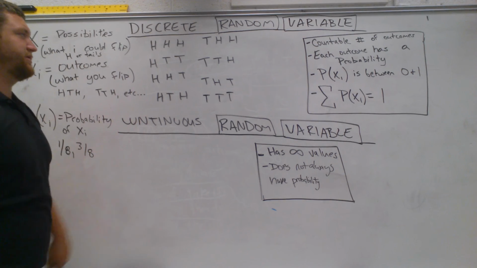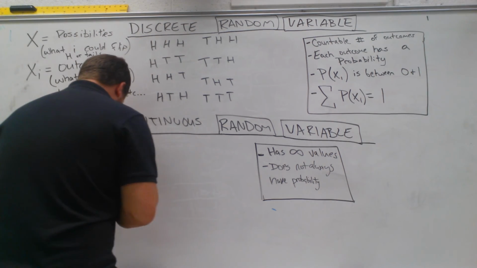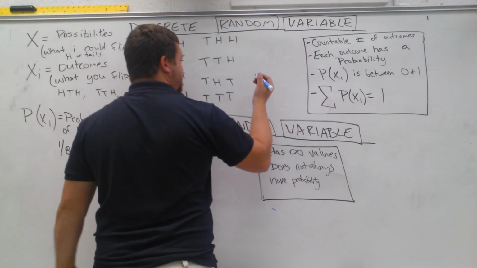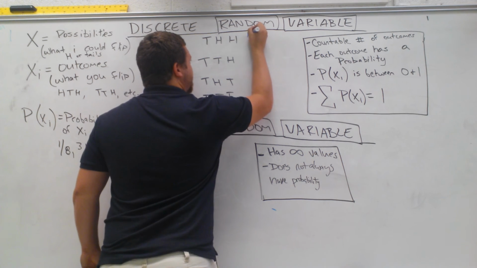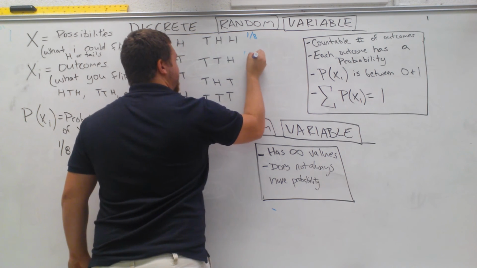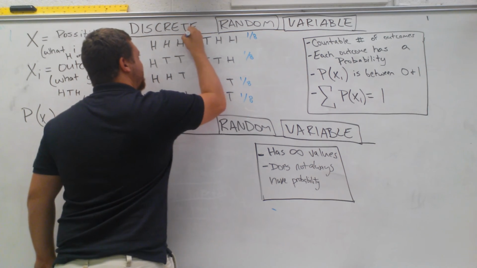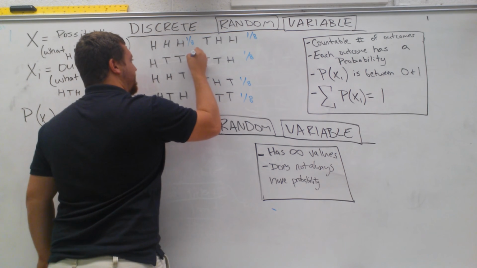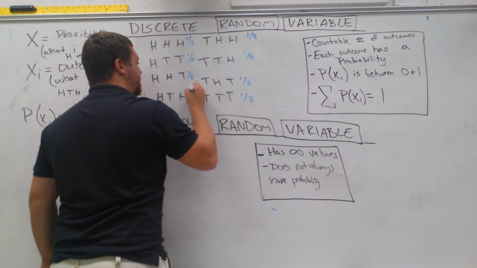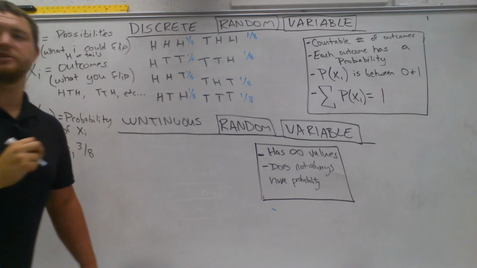There are 8 of these, so the probability of each one, if I'm just saying what's the chance of each of these happening, is 1/8 each. That's the probability of each of those happening.